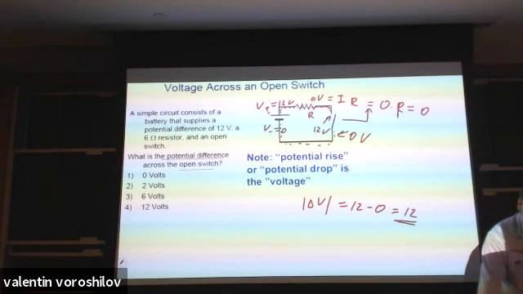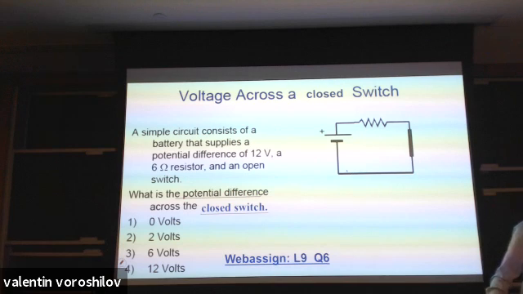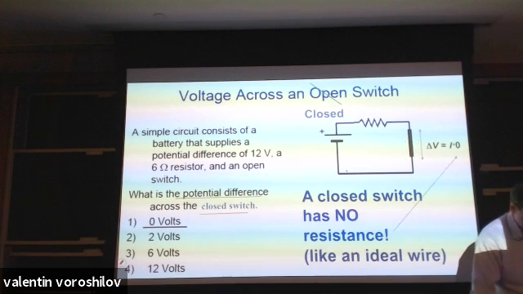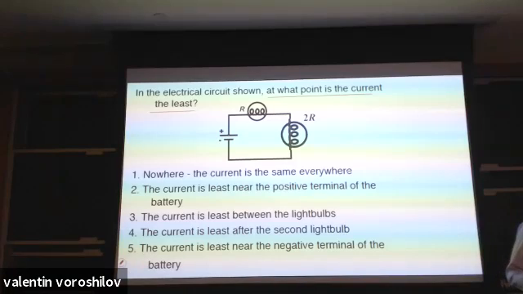In my experiment, the answer was 9. And here, well, we just did it. Now there is no resistance here. And if electric current is not 0, doesn't matter. The potential difference between the ends of a switch should be equal to I times 0, which is 0.